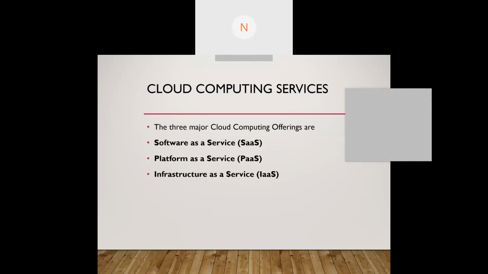Now, cloud computing has major categories. Cloud is one term, but it has multiple uses behind it. Cloud can act as three major things: software as a service, platform as a service, and infrastructure as a service. I will explain what these three are. If we ask which is beneficial or which is better, there is nothing which is more beneficial than the others.